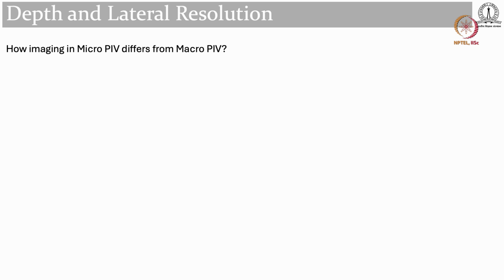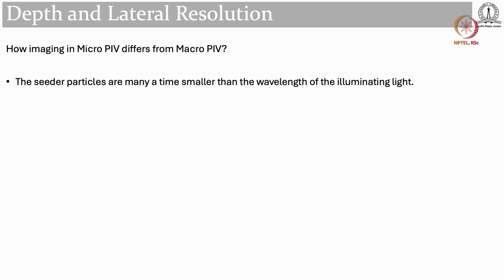This is the major part where you distinguish between micro PIV and macro PIV systems, because the seeding particles and those things are all fine, but if you are not able to resolve things well, then you won't get accurate results, and the method of resolving differs a lot compared to macro PIV. So we'll try to answer the question of how imaging differs in the two systems.